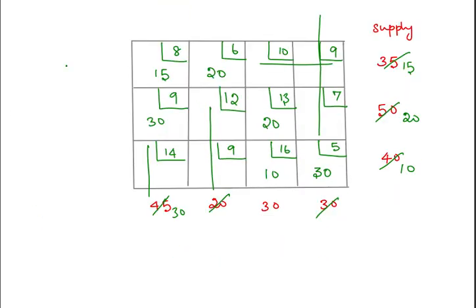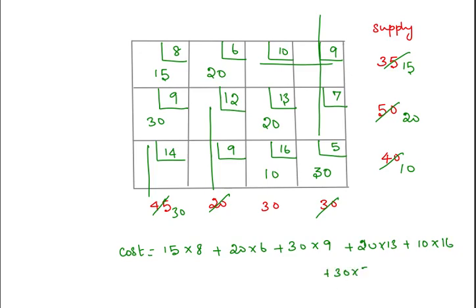So I try to give the maximum at the minimum cost only. Then total cost equals 15 units times 8 plus 20 units times 6 plus 30 times 9 plus 20 times 13 plus 10 times 16 plus 30 times 5.